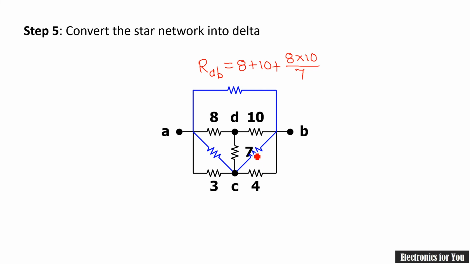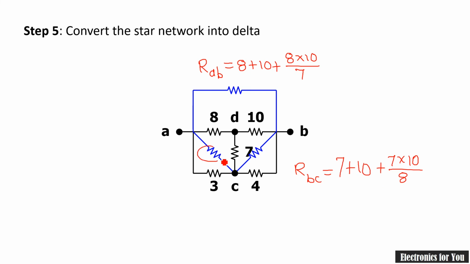Similarly, this resistance can be calculated by using the formula. Let it be RBC equal to, now in between B and C, 7 and 10 ohm resistances are there. So 7 plus 10 plus 7 multiplied by 10 upon the third resistance of 8 ohm.